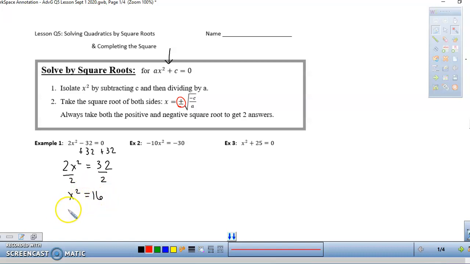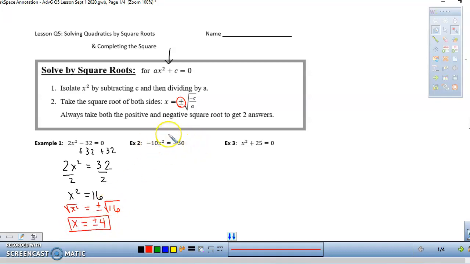So you square root both sides, but you do plus or minus. You are going to get two answers. So the square root of x squared is x, and then we have the positive and negative square root of 16, which is positive or negative 4. And you can write your answer just like that.